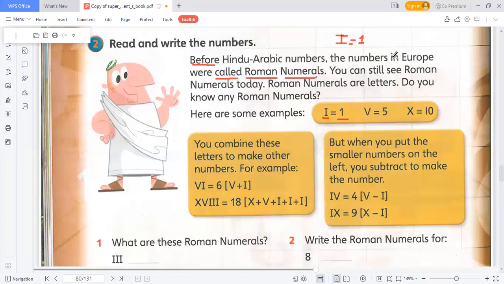Okay? 1. Yes, and letter V is five. 5. Very good. X is 10. That's correct. Good job.